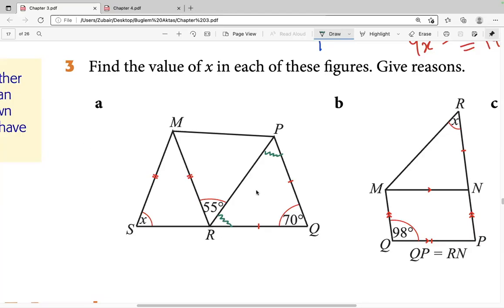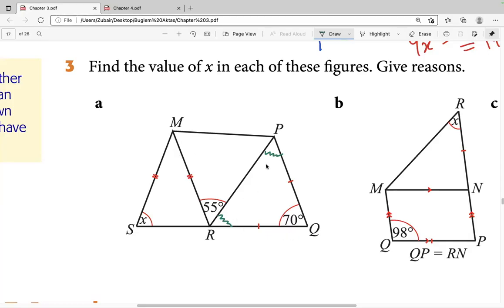Is 55 equally bisecting it, like the straight line? Unless it is given, we can never suppose it. And in this case, nothing such as a bisector is given.